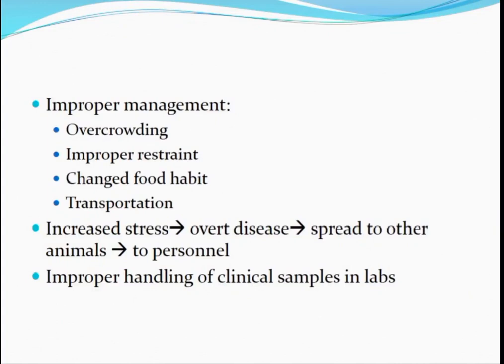It can be overcrowding, improper restraint, altered food habit of the animal, and the issues regarding transportation and transportation stress. All these issues can cause increased stress that can precipitate an overt disease and also create a situation where the disease spreads to other animals and persons.